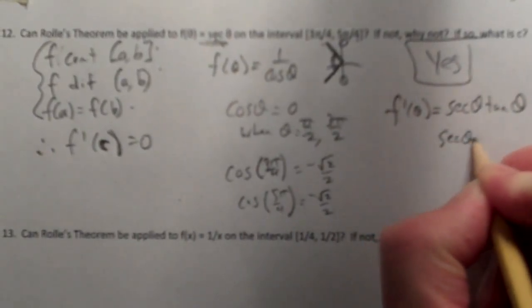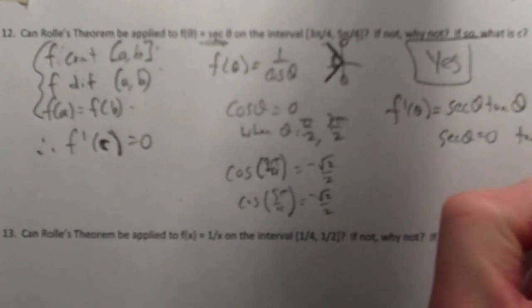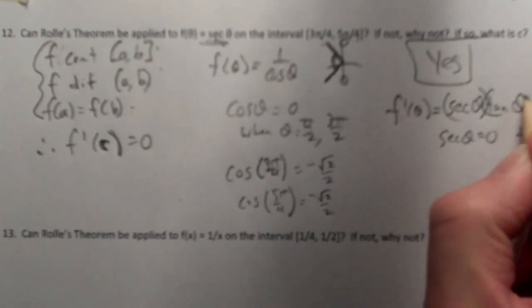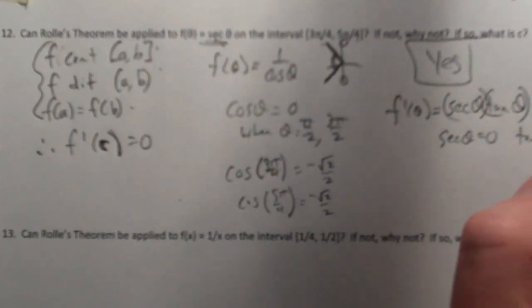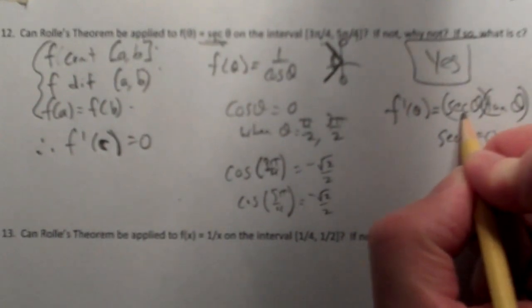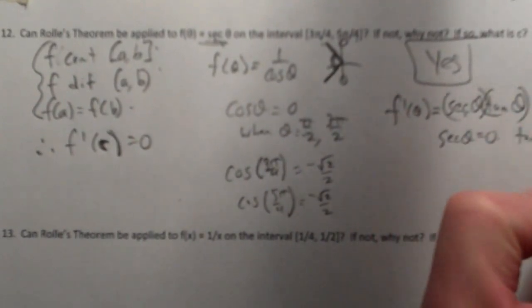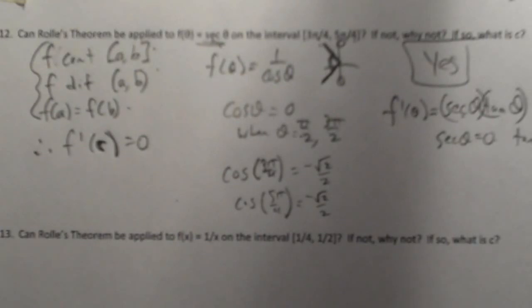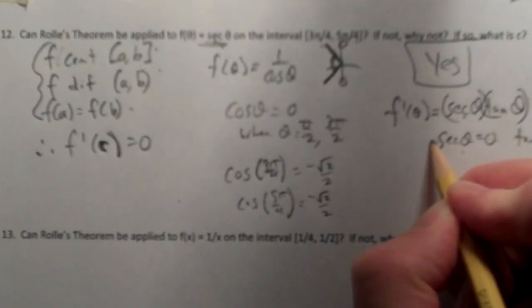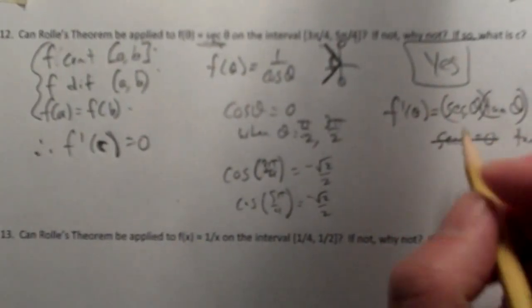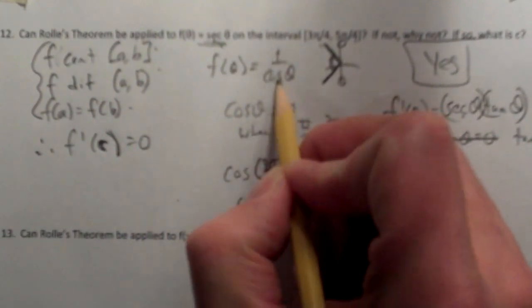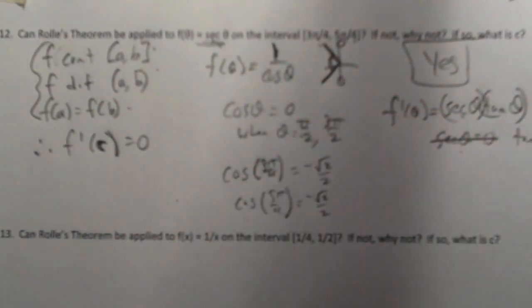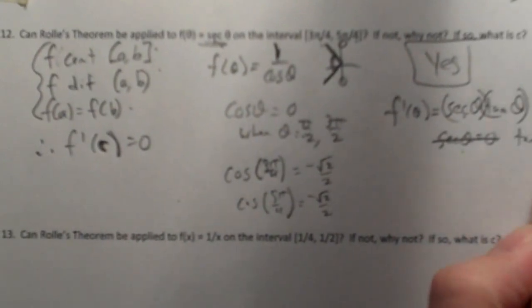So that'll happen if secant equals 0 or if tangent equals 0, because these are factors. We can use zero product property. We can say either the first factor has to be 0 or the second factor has to be 0. Secant will never be 0 because secant is 1 over cosine. And if you have a fraction with a top of 1, that fraction can never equal 0. But tangent can equal 0.